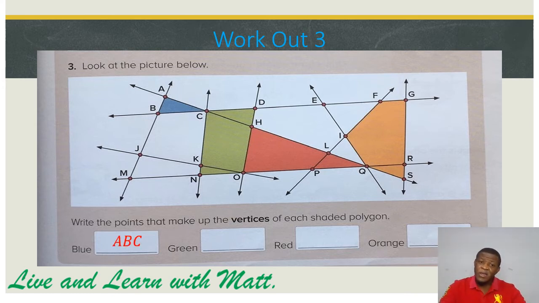We have A, B, C. Now green we have C, D, O, N. And for the red, we have H, L, P, O.